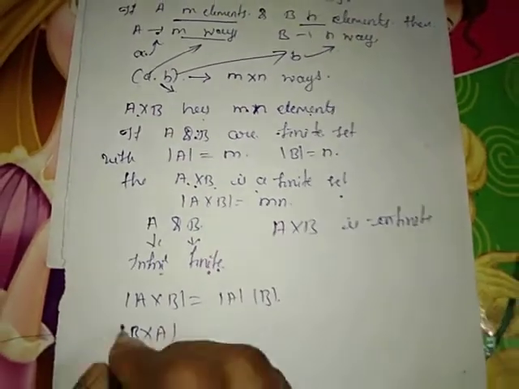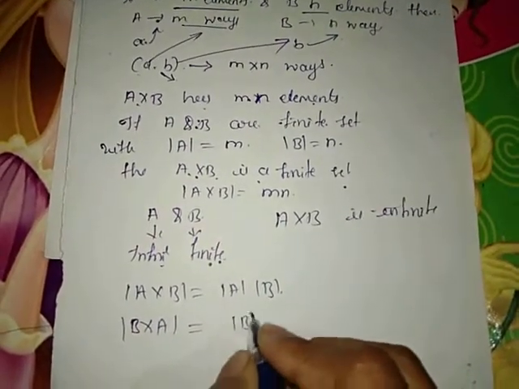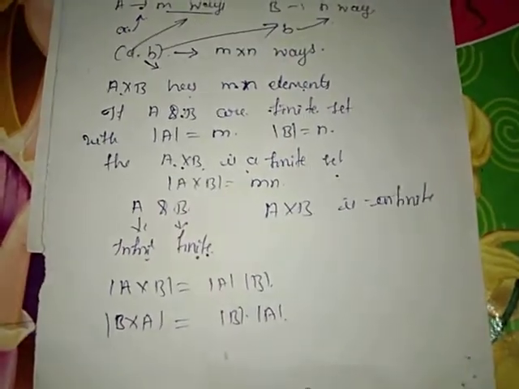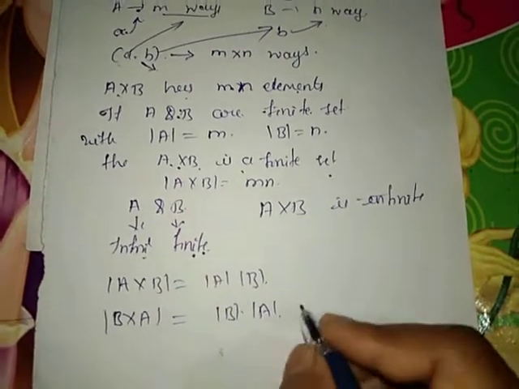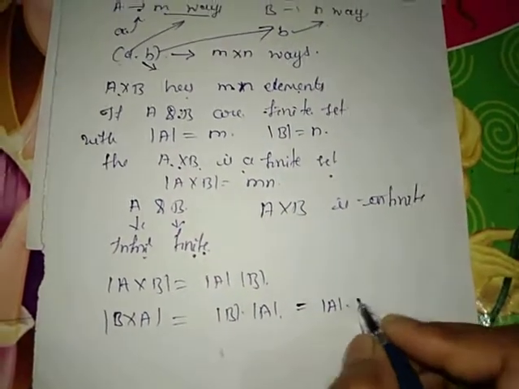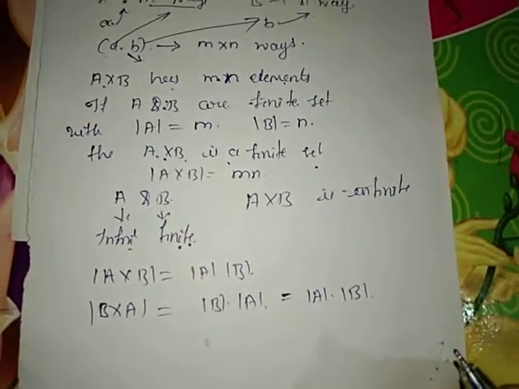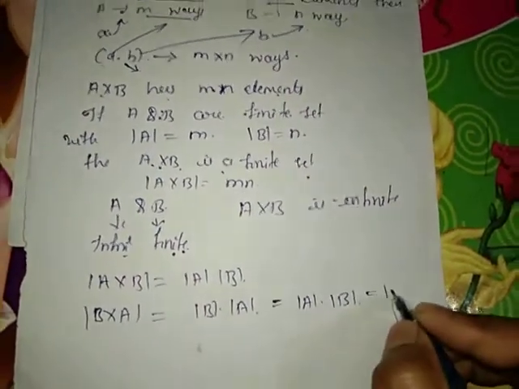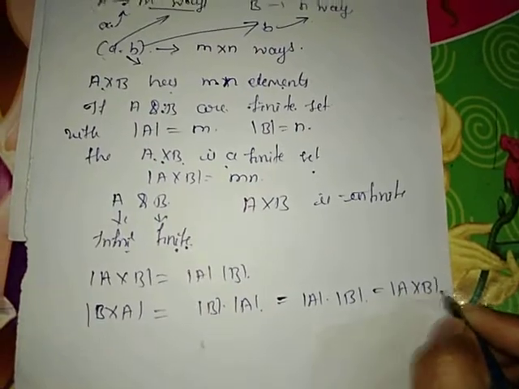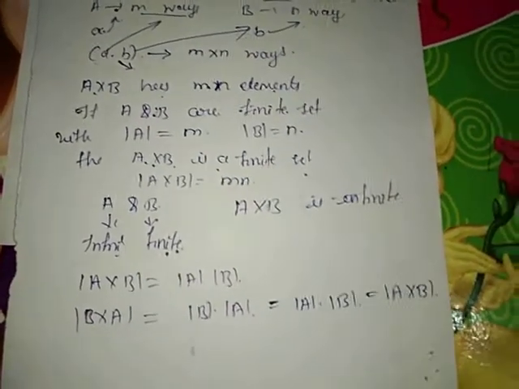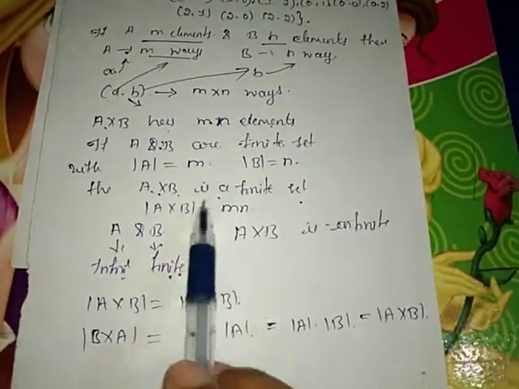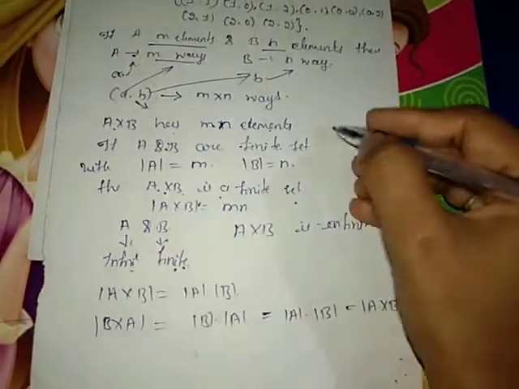Similarly, number of elements of B cross A equals number of elements of B into number of elements of A. That is nothing but number of elements of A into number of elements of B, that is nothing but number of elements of A cross B. A cross B is not equal to B cross A, that is clear here.